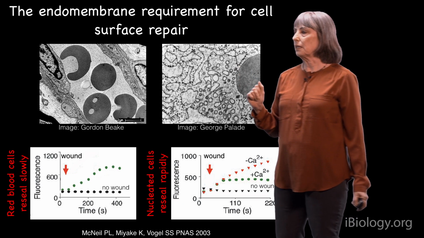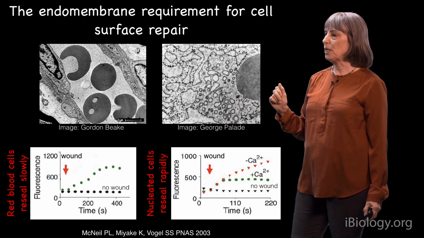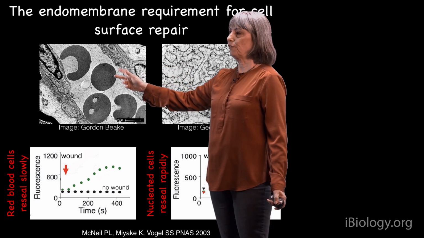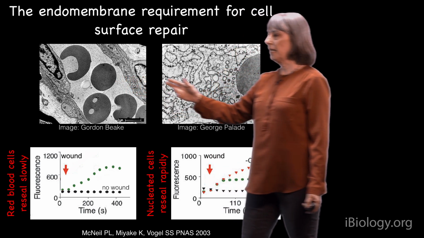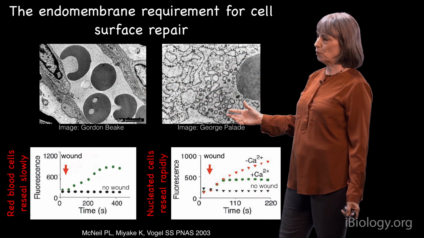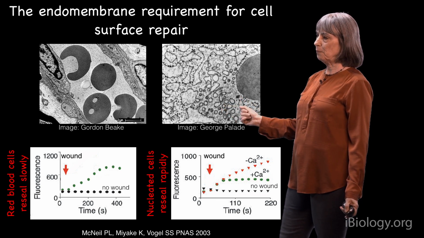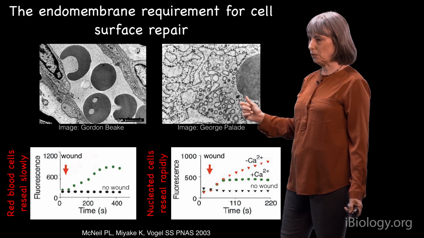This illustrates here a very elegant study that Paul McNeil did, in which he compared directly red blood cells, which are really filled with hemoglobin, and they don't have the internal membrane structures that the nucleated cells have, which is indicated here in this beautiful image by George Palade. So he compared side by side the ability of these two different cell types to respond to injury.